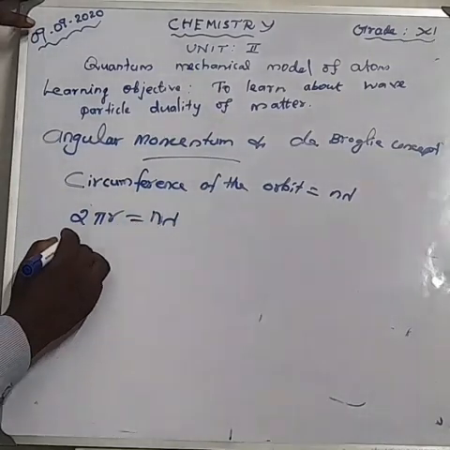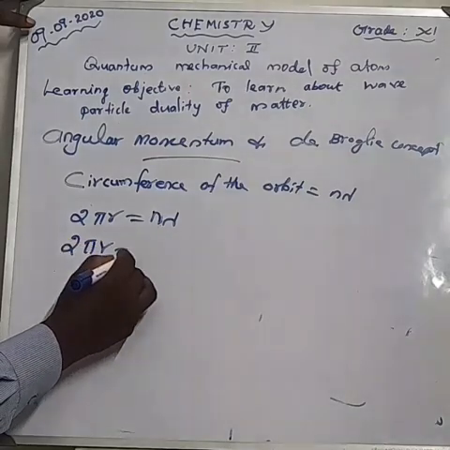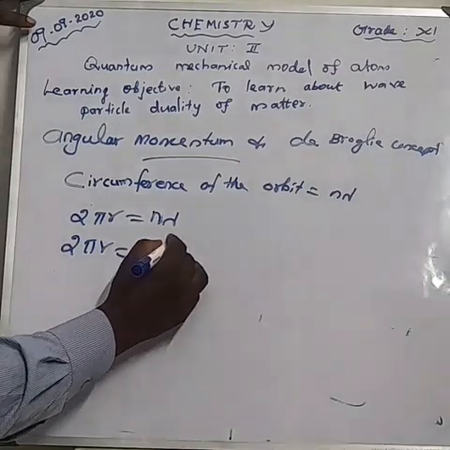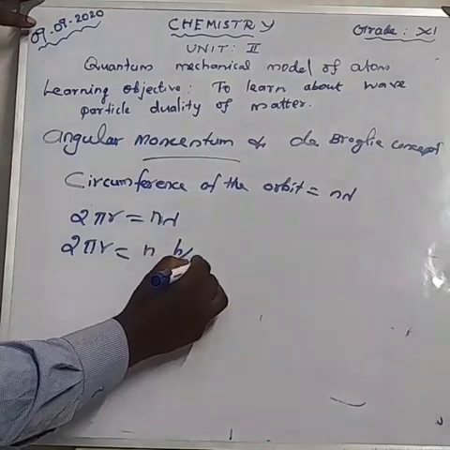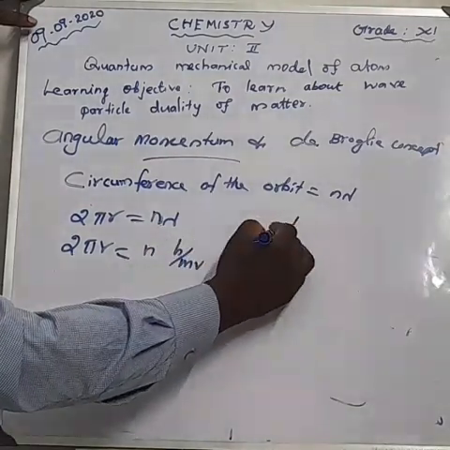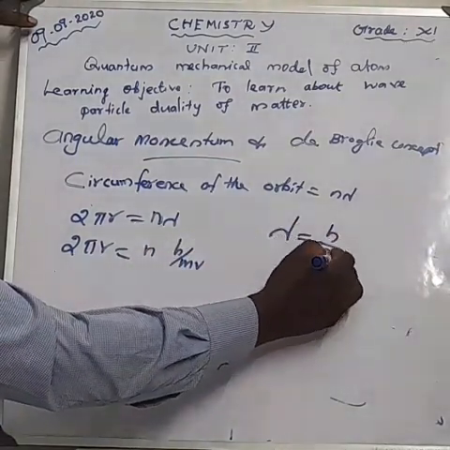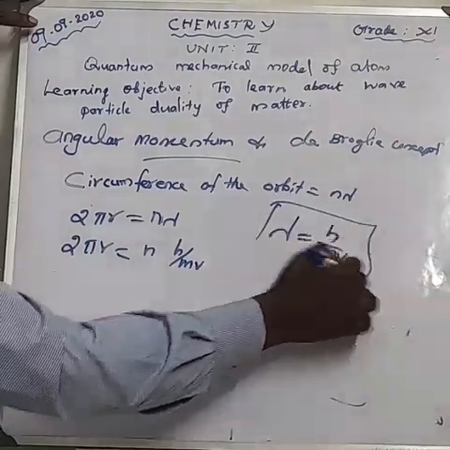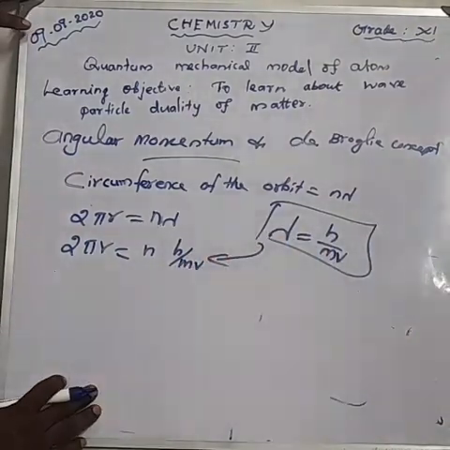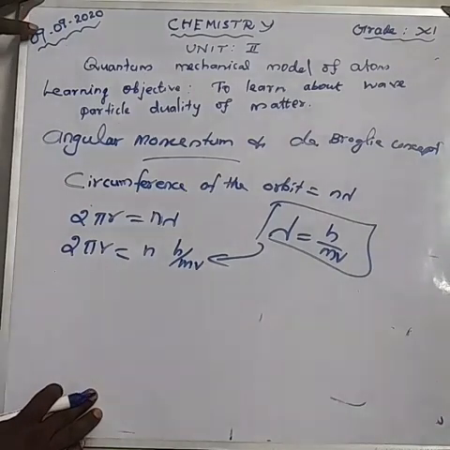Here 2 pi r is equal to n into h by mv, because lambda is equal to h by mv. We are applying this value, n into h by mv.